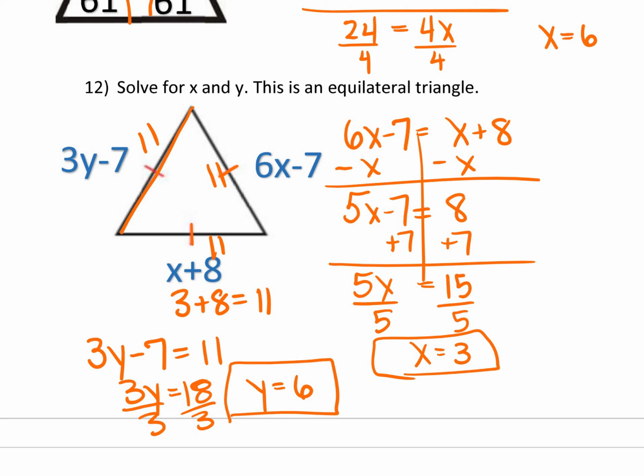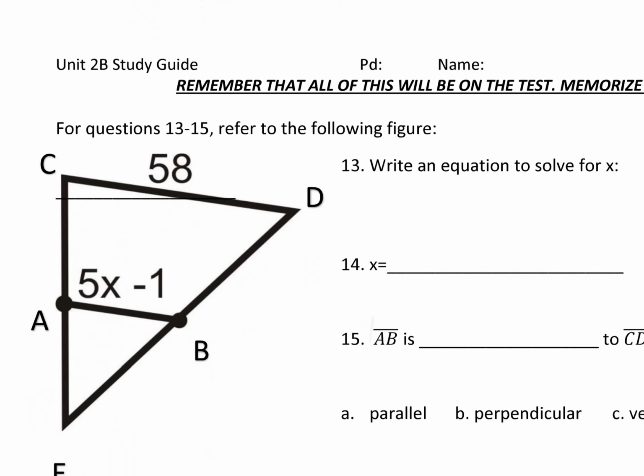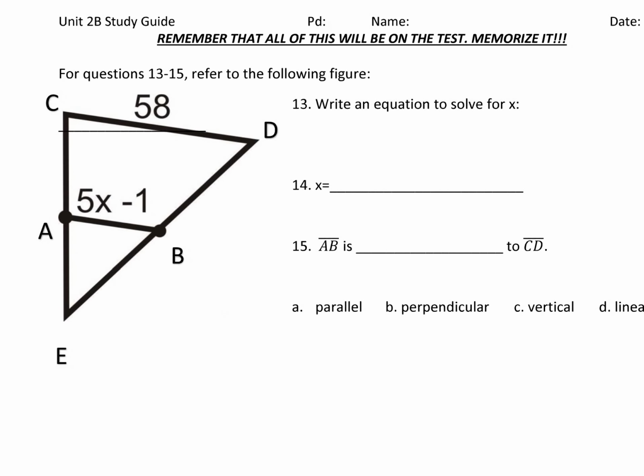And we're on the home stretch, the last page. We have a mid-segment. We can say that 5x minus 1 equals half of 58. Half of 58 is 29. So that would be the equation to solve for x.